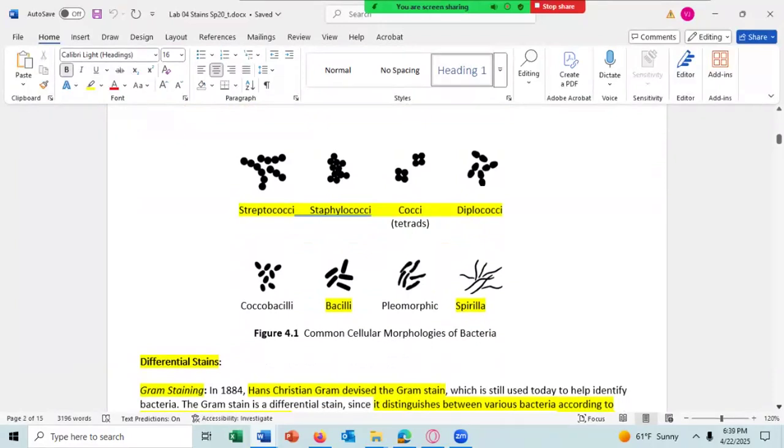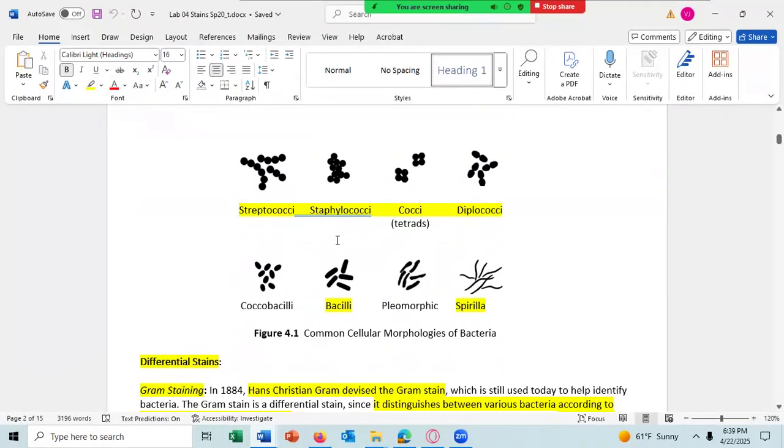When we're talking about bacteria, it's important to realize that they have a shape and they have a cellular growth pattern. Here we're looking at the shape. These are all cocci, and that's basically a spheroid cell.